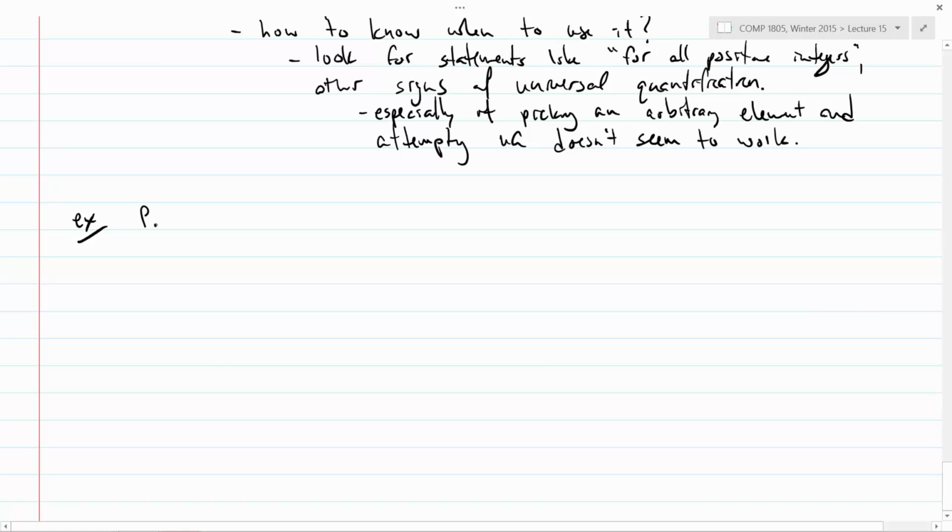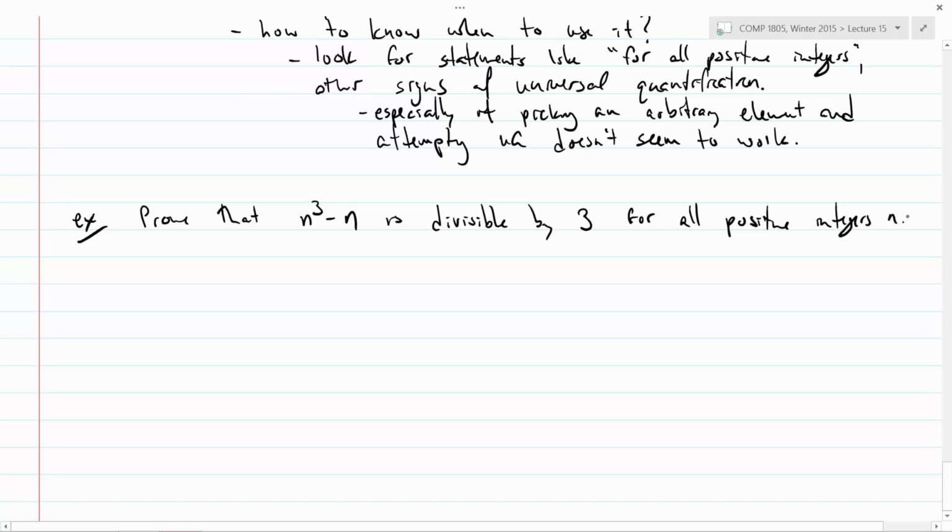I want to prove that n cubed minus n is divisible by 3 for all positive integers n. What I mean by divisible is, if you did the division, there wouldn't be a remainder. So if you divided n cubed minus n by 3, you would get some integer with no remainder. Is that clear?